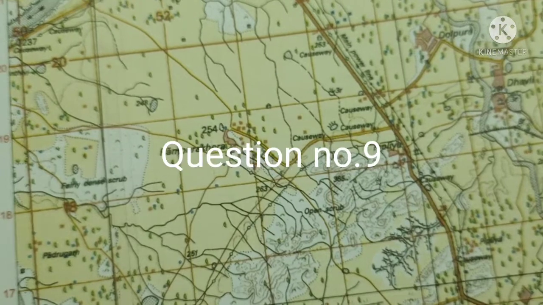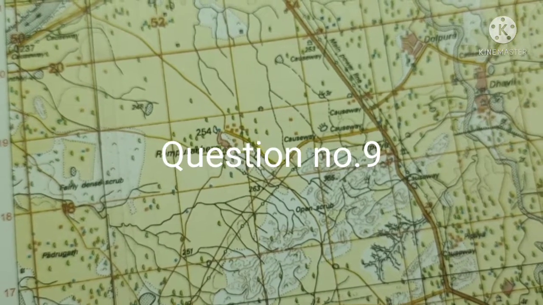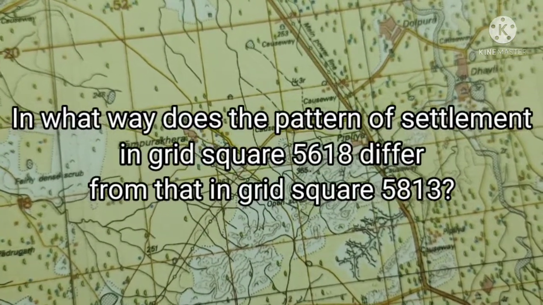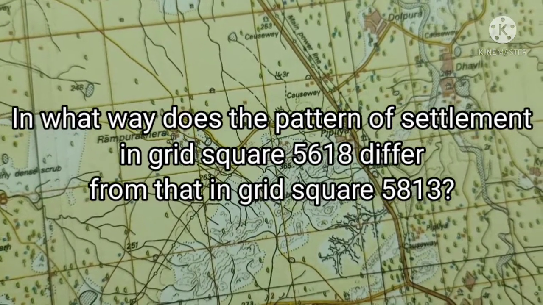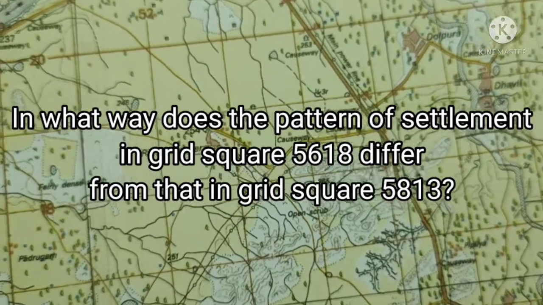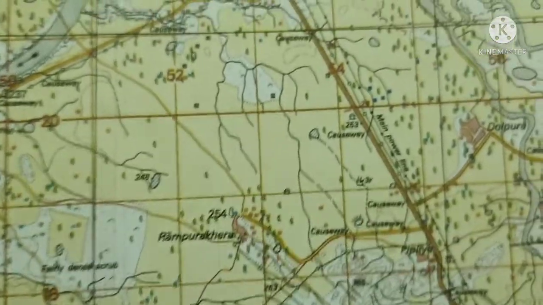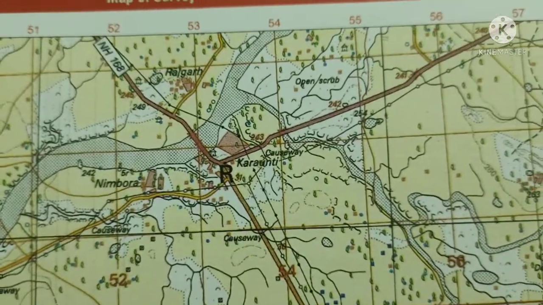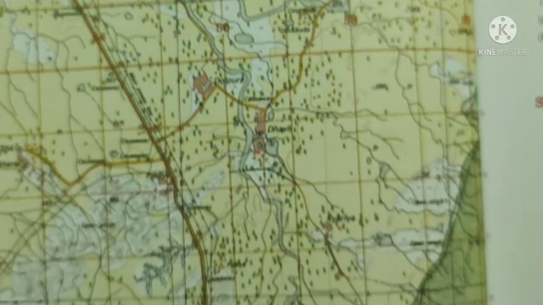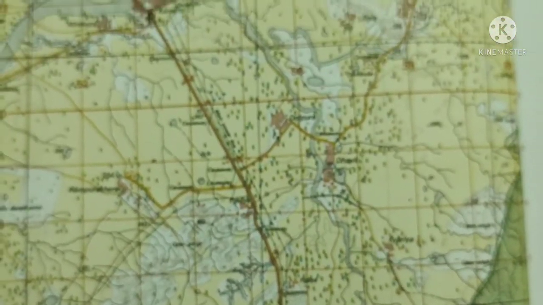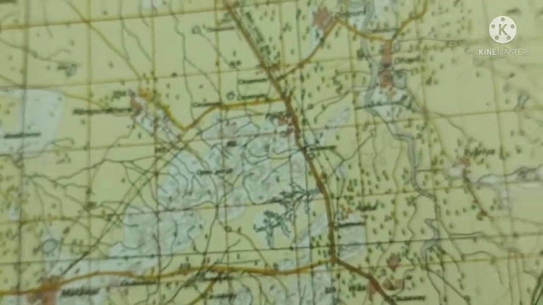Next question. In what way does the pattern of settlement in grid square 5618 differ from that in grid square 5813? So let's talk about 5618. This is 56 right here, and 18 is somewhere here. 5618 right here.